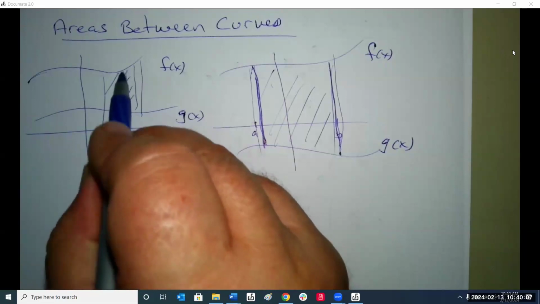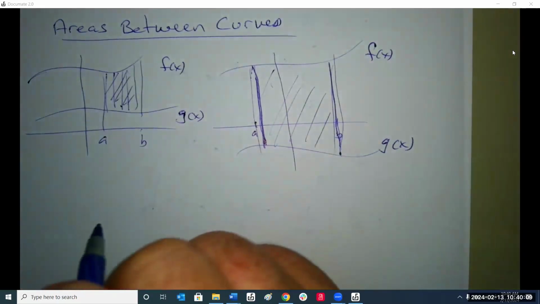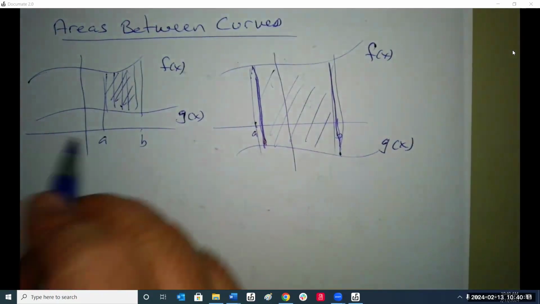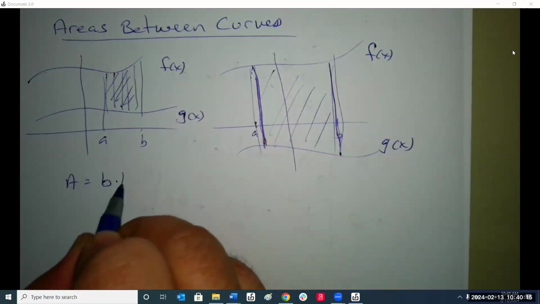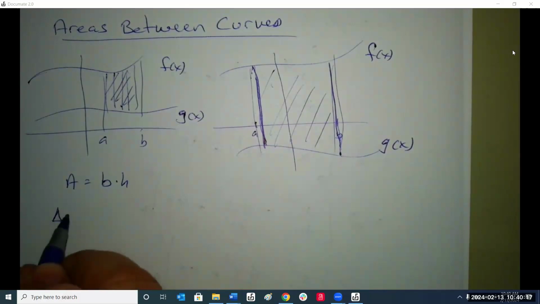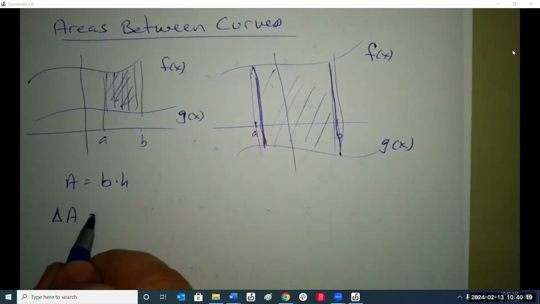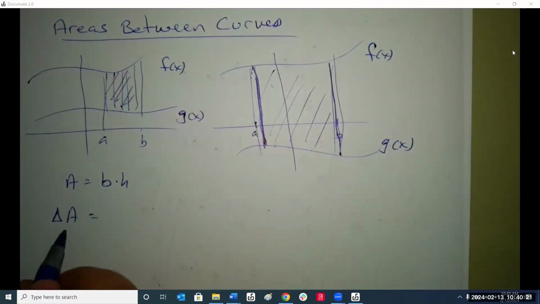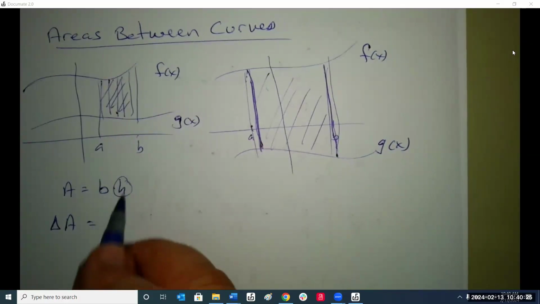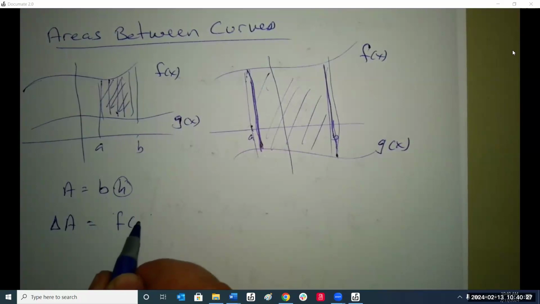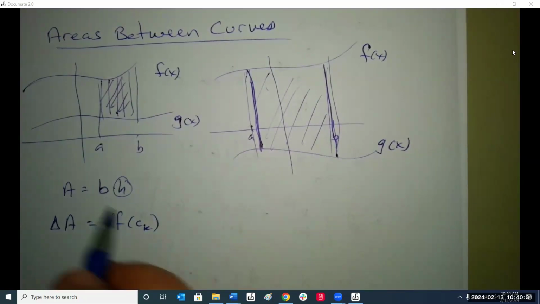We use Riemann sums and break these up into small pieces. So the area itself is base times height. So all of these areas, the height would be our functions with the midpoints of each interval.